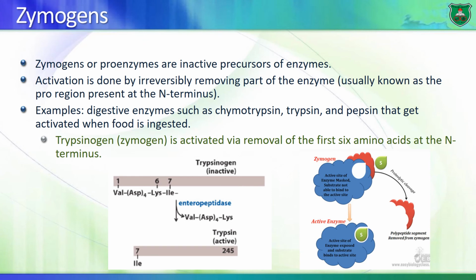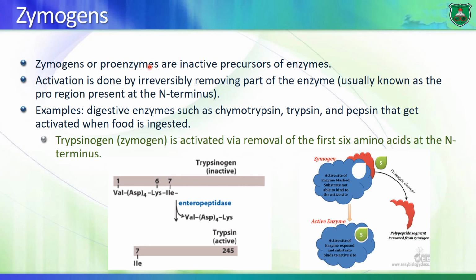Enzymes that require irreversible modification are known as zymogens, also known as proenzymes. The pro means that the enzyme is inactive. It's a precursor, so it requires modification, and this modification again is irreversible.